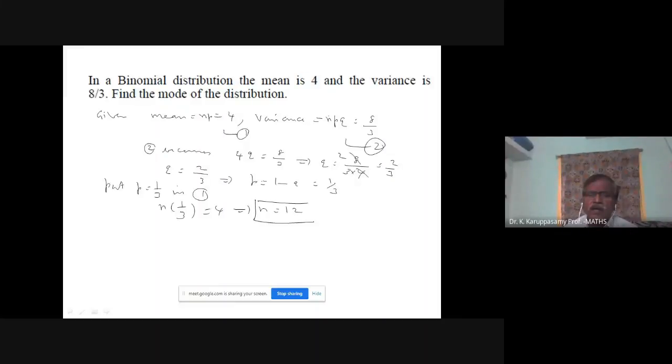I got the n value and the p value. Now I can find the mode. For finding the mode, find the n plus 1 p value.